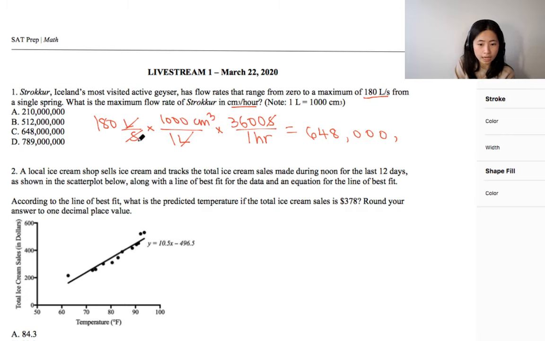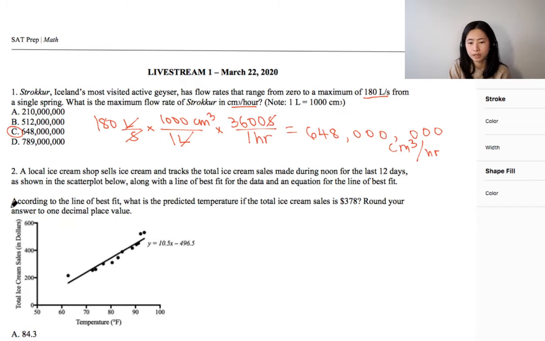This would be in centimeter cube per hour. So in that case, that would be letter C. So that's your answer.